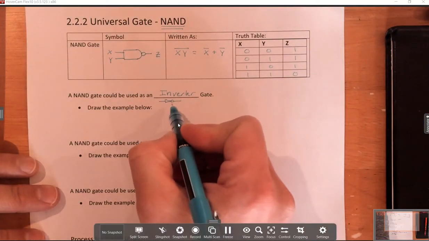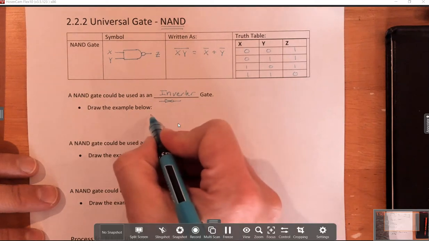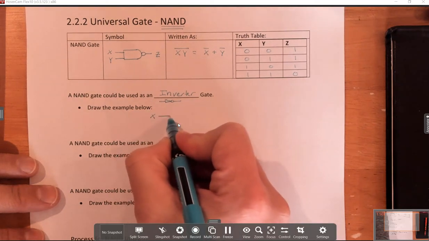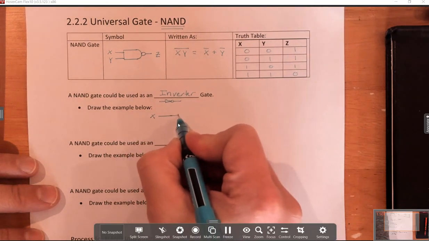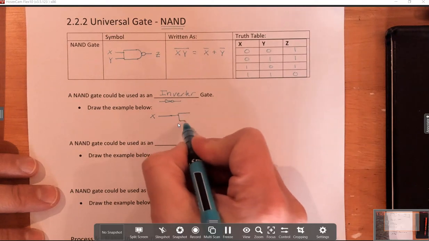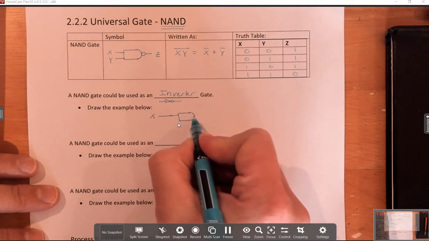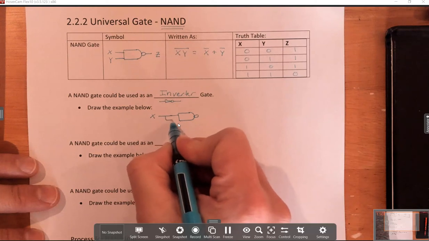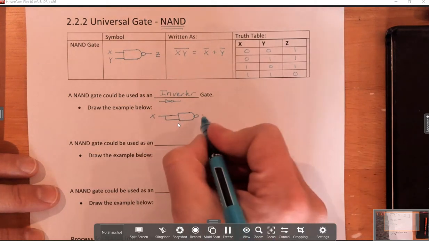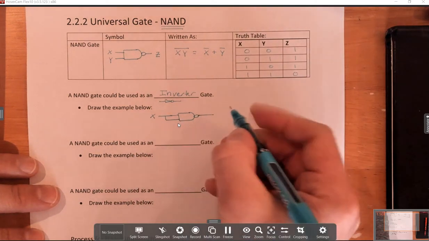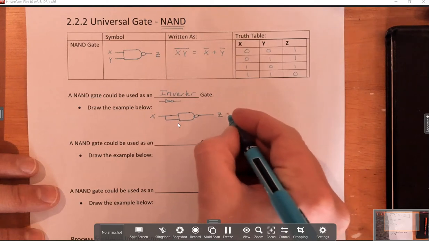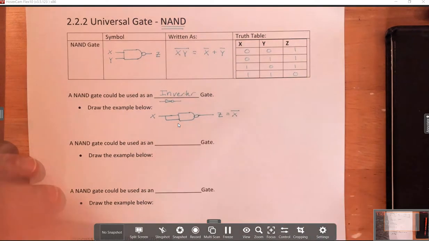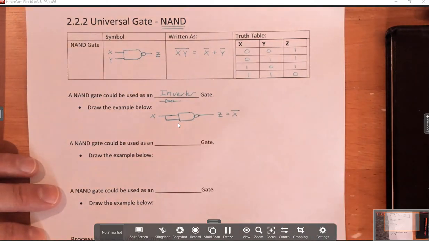Instead of using this inverter, we're going to have our input branch and go into a NAND gate twice, and that becomes equivalent to not X.